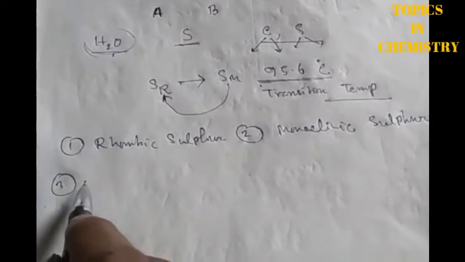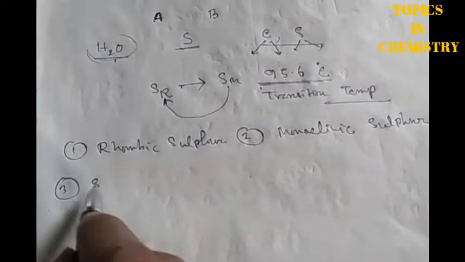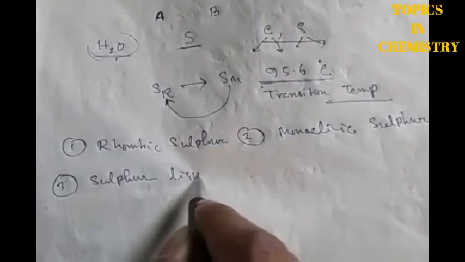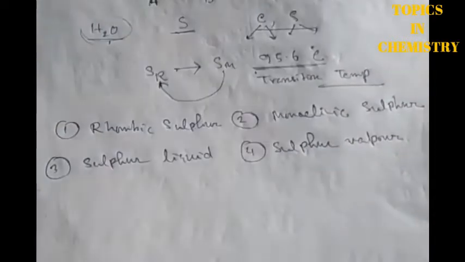Number 3 is liquid sulfur, and number 4 is sulfur vapor. So these are the 4 different phases of sulfur.